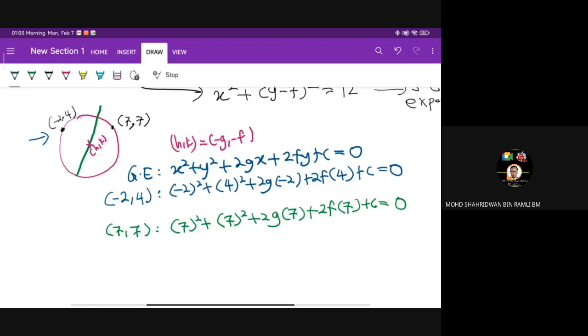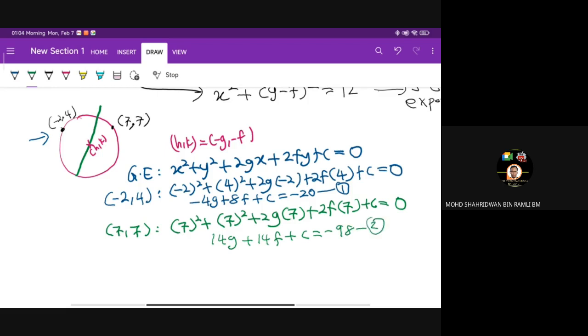For example, when you substitute negative 2, 4, you will have negative 4g plus 8f plus c equals negative 20. So this is your first equation. Next, when you substitute 7, 7, you simplify to 14g plus 14f plus c equals negative 98. So this is your second equation.